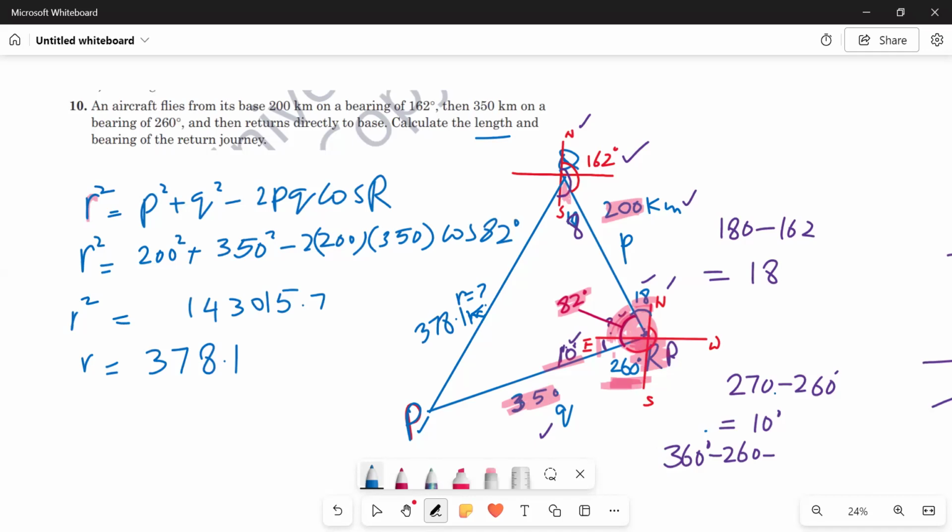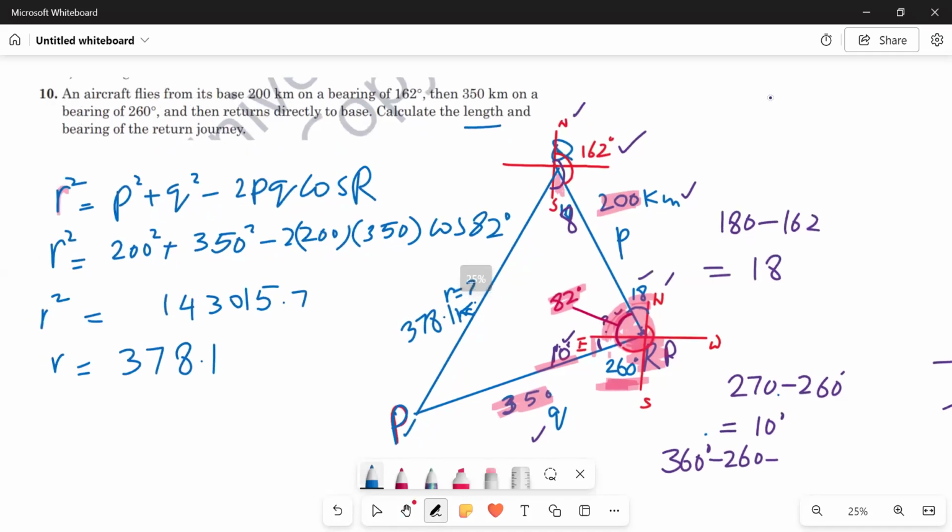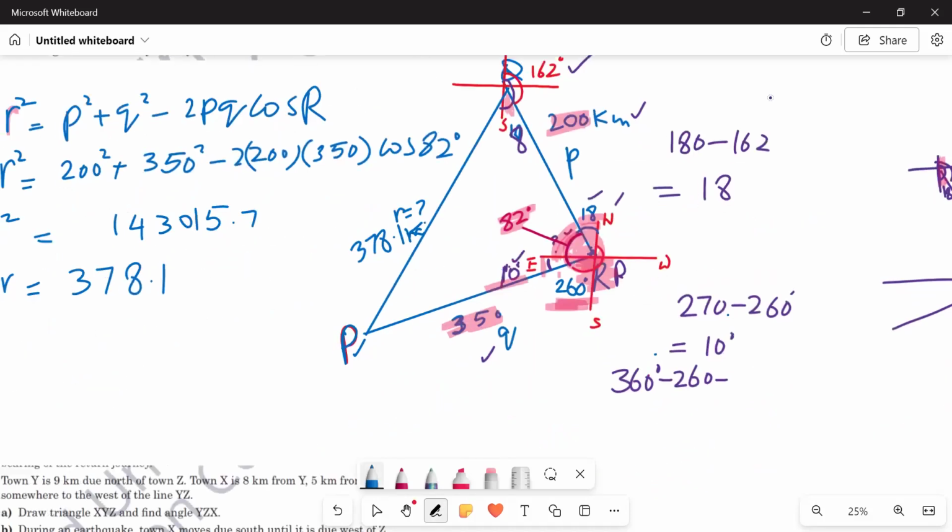Look at here. Here we cannot apply the sine rule because we don't know the opposite side of this. If we know one side and one angle opposite each other, and one side or one angle is missing, then we can apply the rule.